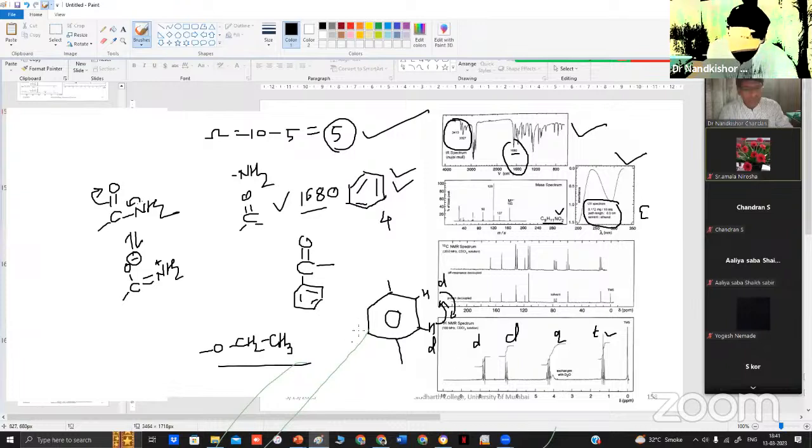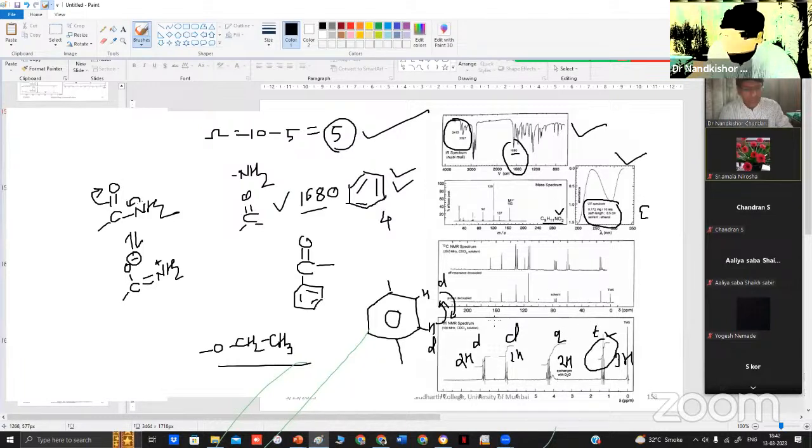So you will have a two-proton doublet, and this will be the same, another two-proton doublet. This will be your two-proton quartet, and this is a three-proton triplet. This can be easily calculated from the integral value by just measuring the integral height with a ruler.